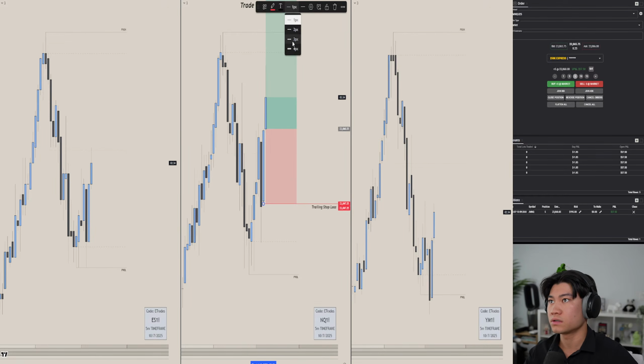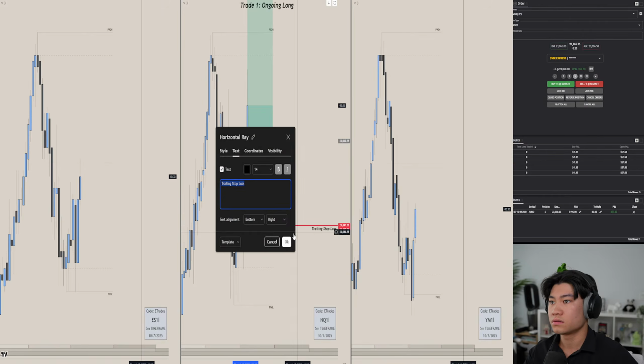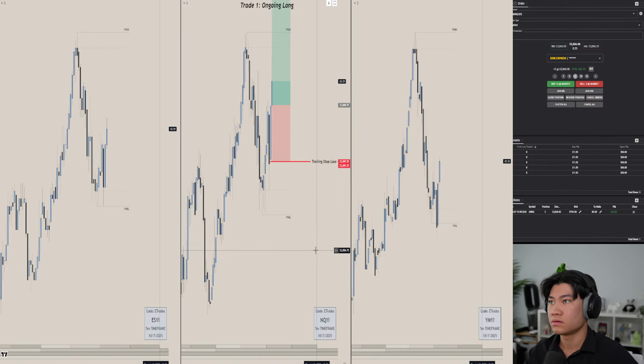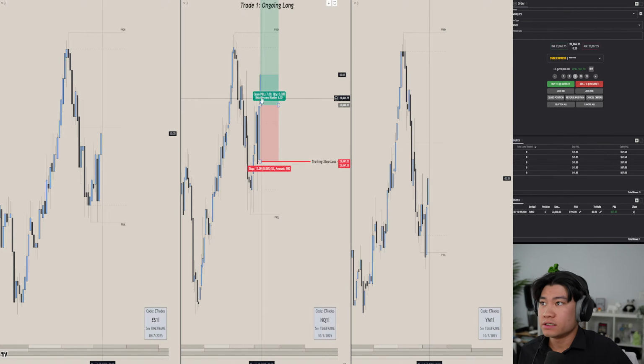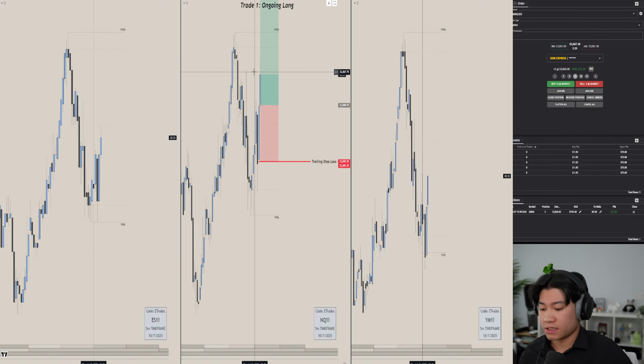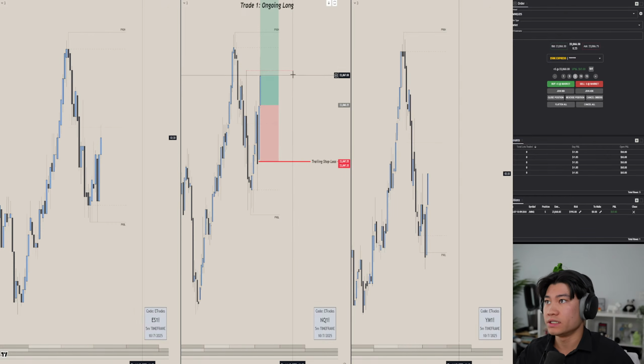Let me just quickly. So we'll see. What I would ideally like to see is some speed past these highs. Closing above these highs would be ideal in my opinion.